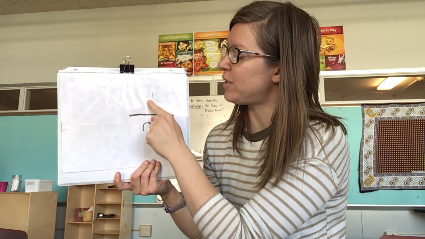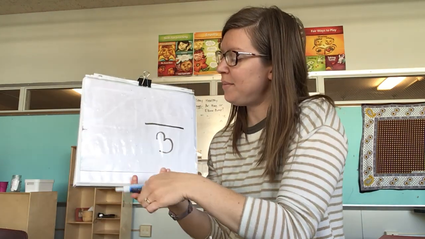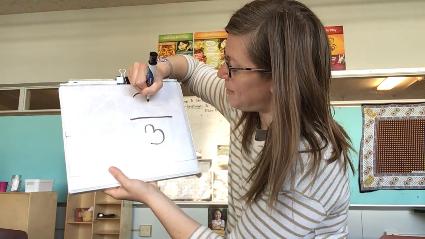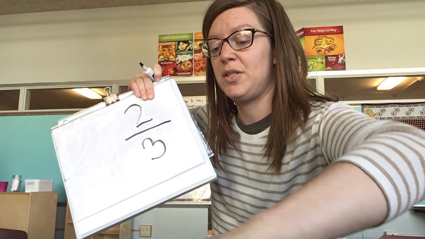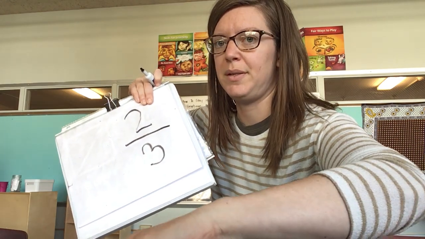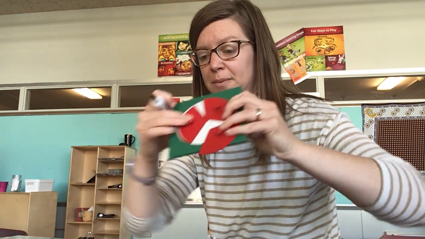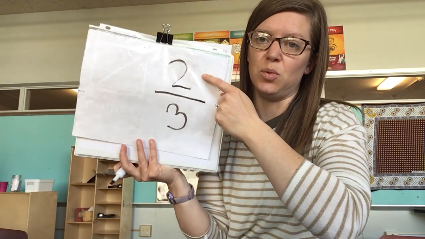The numerator is going to change because instead of just thinking about 1 part, now I'm thinking about 2 parts. So if I'm thinking about 2 parts, but there are still 3 parts all together, then I would write it like this, and I would read it 2/3.